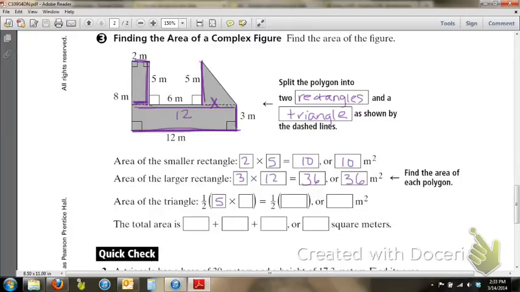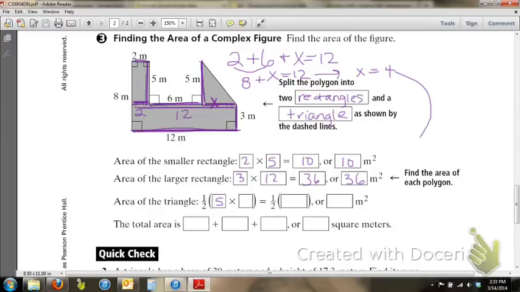This small piece on the end here is a 2, so I know that 2 plus this 6 in the middle here, plus whatever this piece is, has to add up to be 12. Well, I know that 2 plus 6 is 8. So 8 plus what is 12? Well, that means that x must equal 4. So that is the number that I'm going to put here.